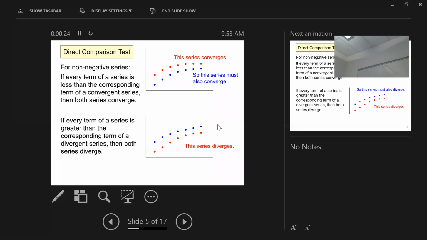The red one, think of it as the harmonic. So if this thing we know diverges, the red one, then the blue one has to. When you compare something, if you're comparing it for a P series, the red one represents the harmonic series. We're telling you the harmonic diverges. So if some series is higher than that, it necessarily has to diverge.